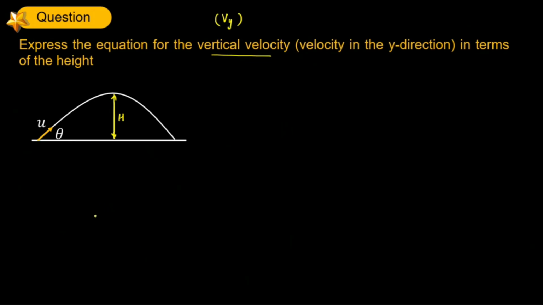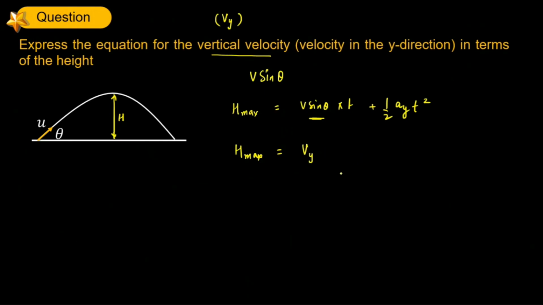We already saw that velocity in y-axis is what we call v sine theta. And if you talk about the displacement, or the maximum height, h max can be written as v sine theta times t plus half a t square, right? In place of v sine theta, I should write Vy only, because we have to write this Vy in terms of h. So I'm writing it as Vy times t.